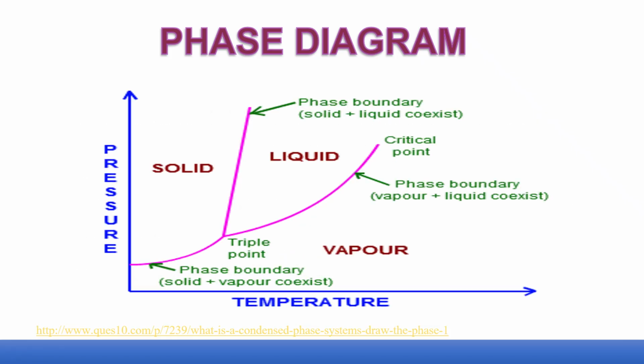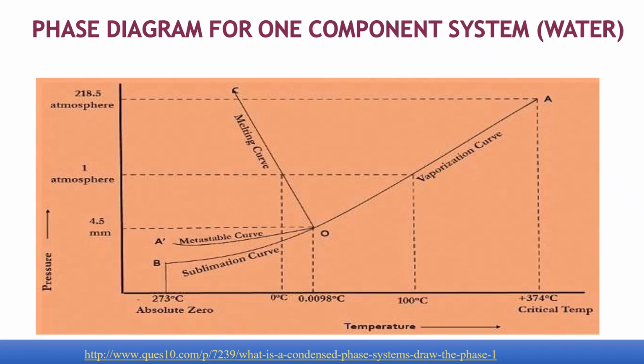The phase diagram of water is shown like this. It has three phases: the solid phase, liquid phase and the vapor phase. This is a plot of temperature versus pressure. The curve BO is called the sublimation curve, the curve OC is called the melting curve, and the curve OA is called the vaporization curve.